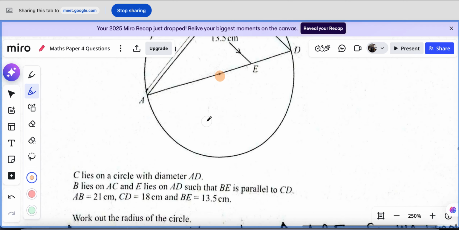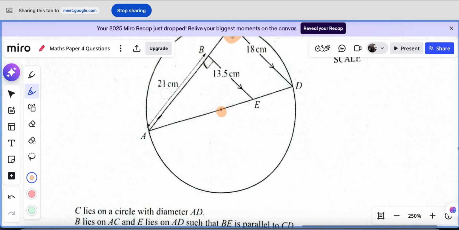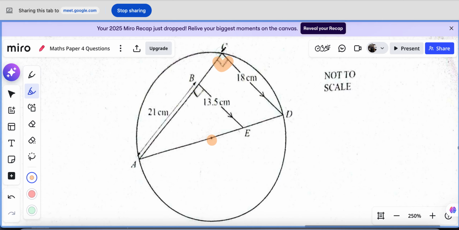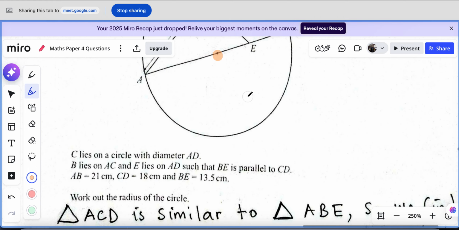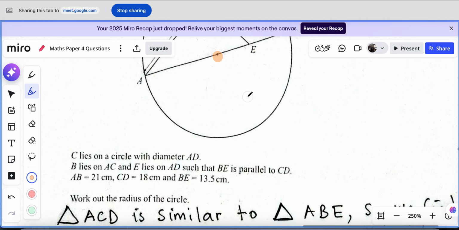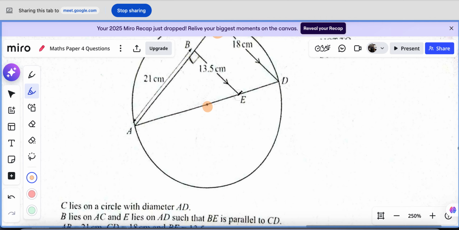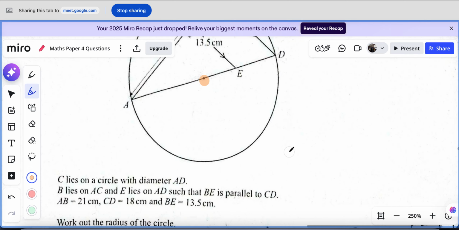B is on AC. And E lies on AD, such that BE is parallel to CD. These two lines are parallel.